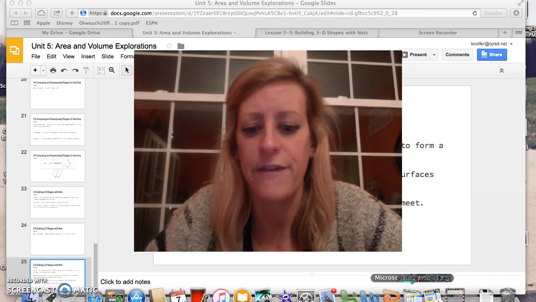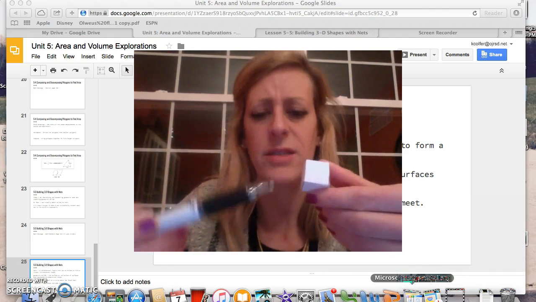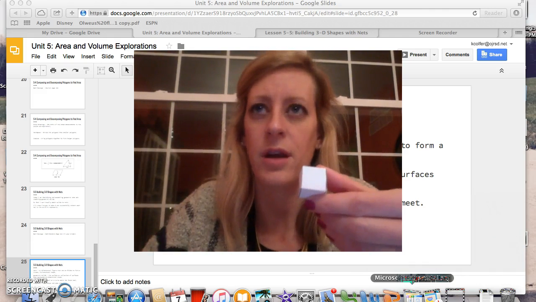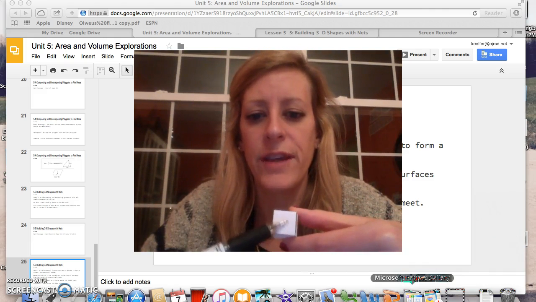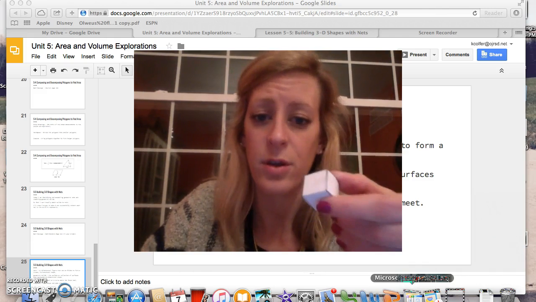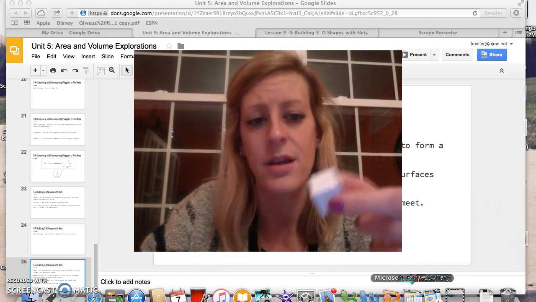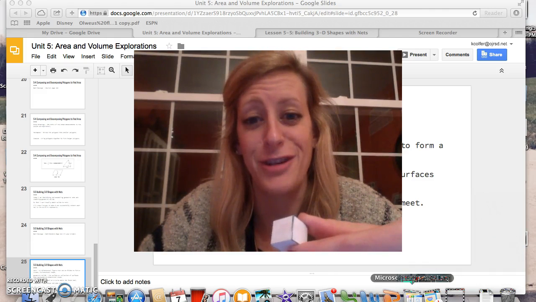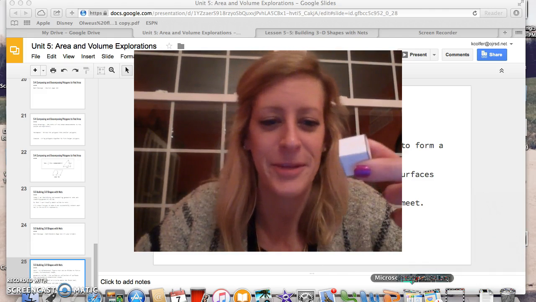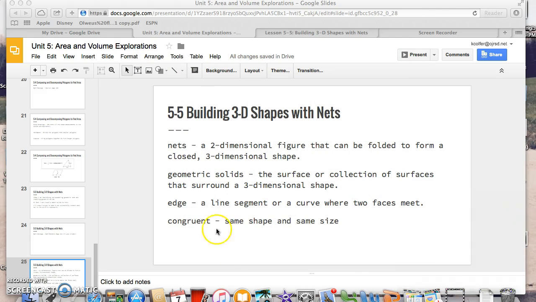And just to clarify, a face is any flat side. We talked about faces a few lessons ago when you had to look around your house and find faces to sketch those polygons. So a face is any flat surface. You'll notice on a cube, we have 6 faces, as well as many edges. Count those in your free time. Then we have congruent.